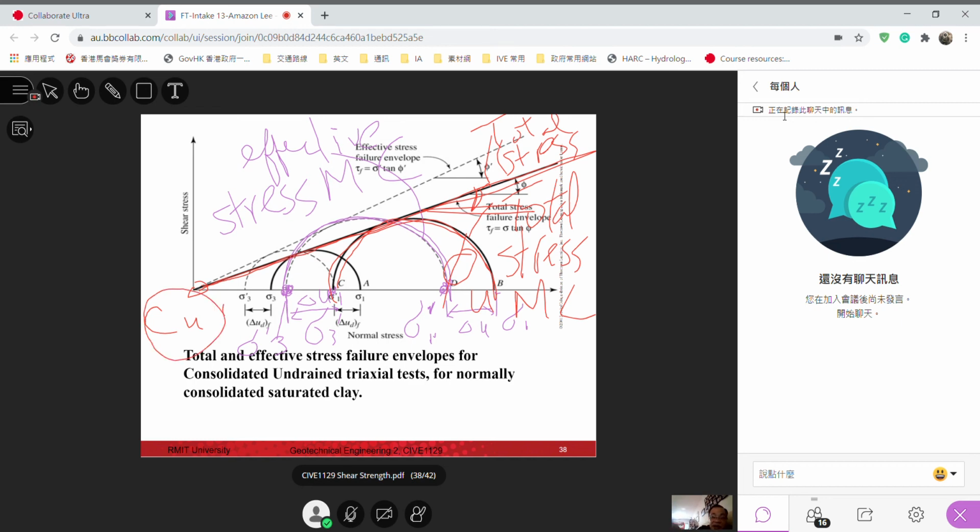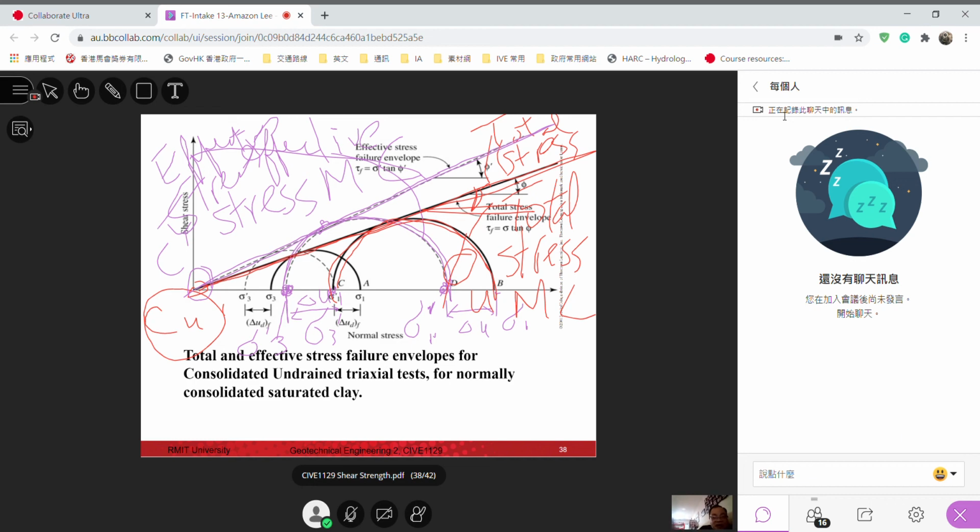If we plot in effective stress Mohr circle, which is here, then we find another tangential line, tangential to the effective stress Mohr circle, the purple color. So this is the effective stress failure envelope. From here we find C dash, but it happened to be zero.